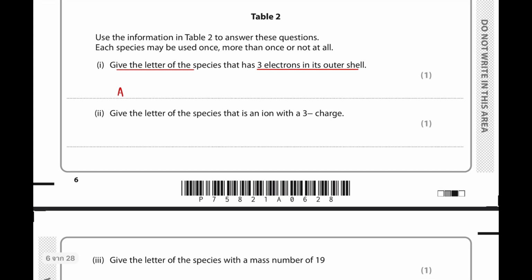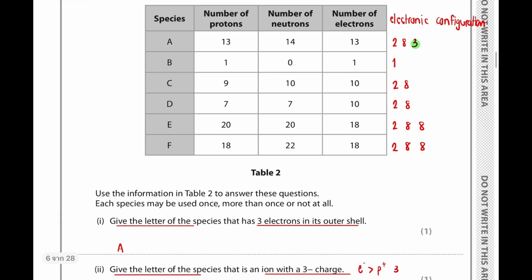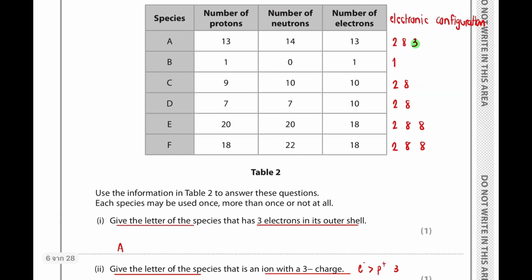II. Give the letter of the species that is an ion with a 3 negative charge, which means it has 3 electrons more than protons. In this case, we can see that it will be species D, because it has 7 protons, but it has 10 electrons. So electrons are more than protons by 3.